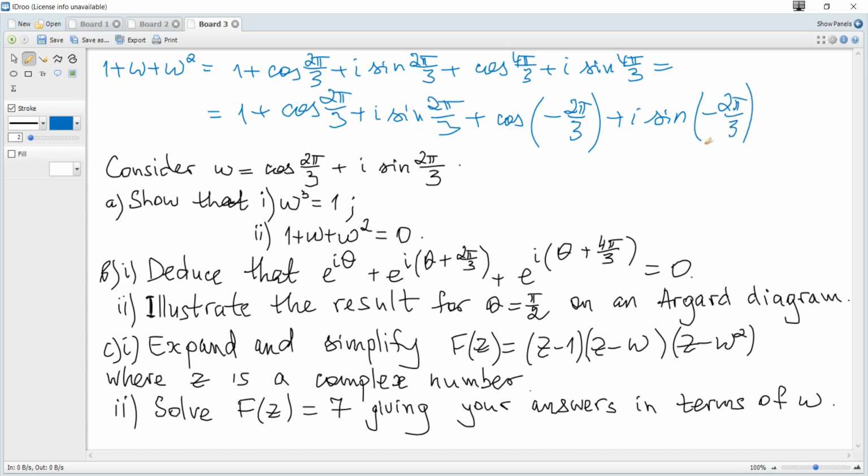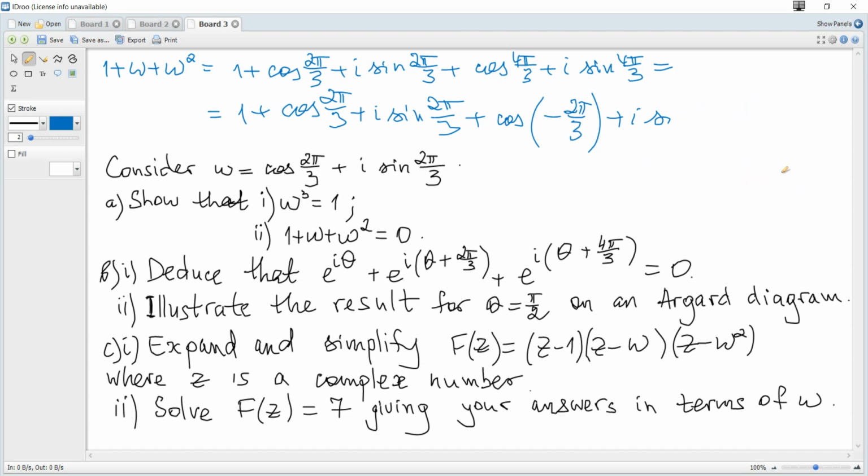Sine is an odd function, so sine of negative is minus sine of 2 pi over 3, so it cancels, and cosine is an even function, so it becomes 1 plus 2 cosine of 2 pi over 3, and cosine of 2 pi over 3 is negative a half, so it becomes 1 minus 1 is 0.